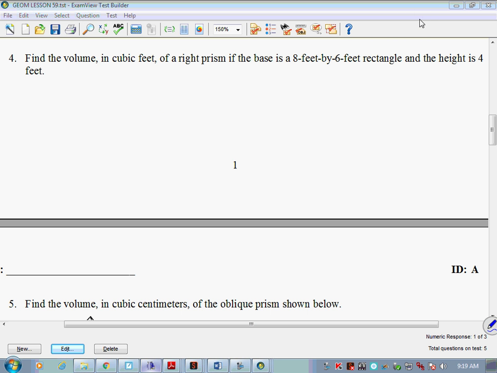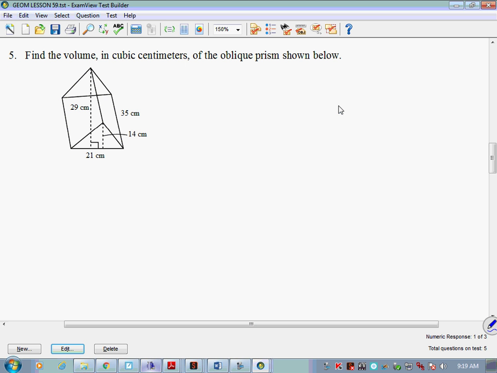All right, one final question here, number 4. Now, you'll notice this one, I'm glad that this showed up in here because this is an oblique prism. And we want to find the volume. Well, the volume formula doesn't change.